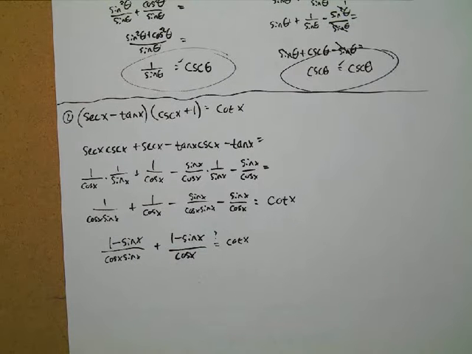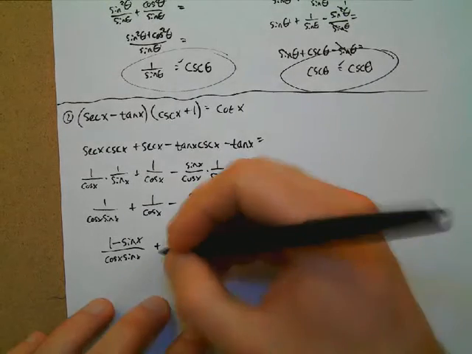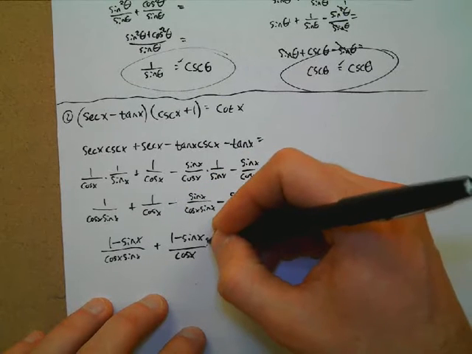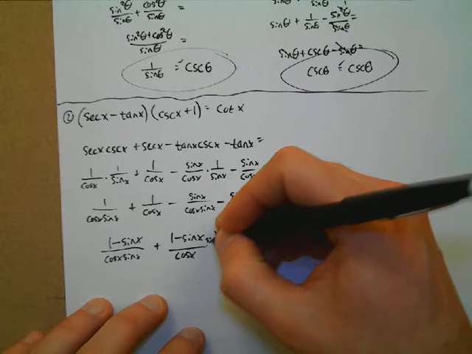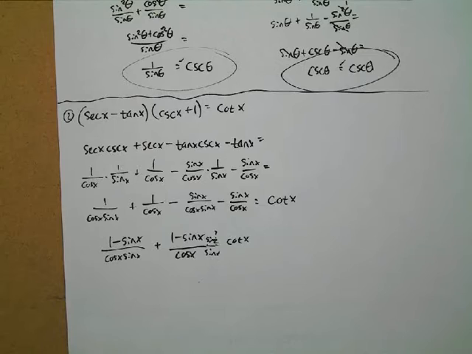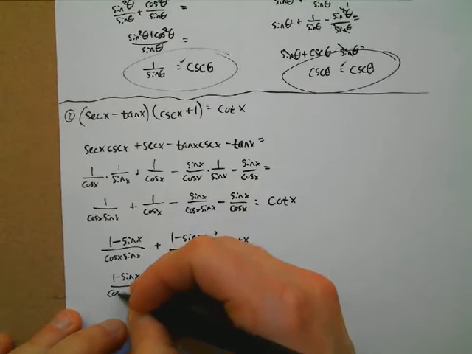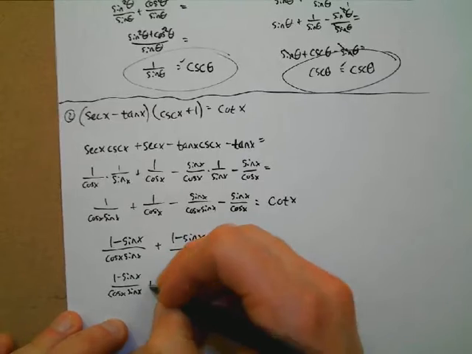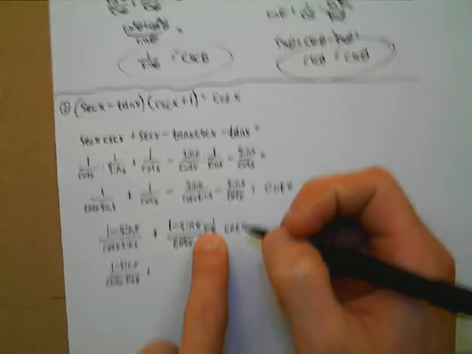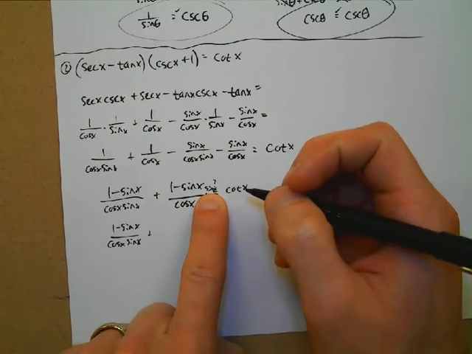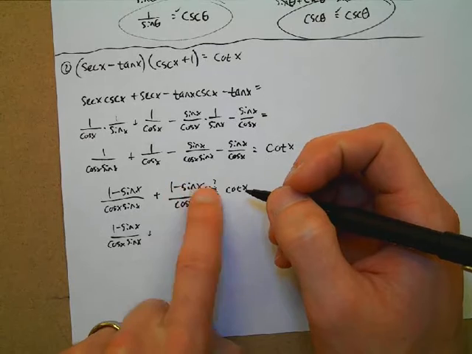And then let's see, when I multiply that numerator by sine x, what's going to be in the numerator now? Sine x minus sine squared x. And that's over cosine x sine x. Okay. And so now that we have these common denominators, we can put those numerators together.